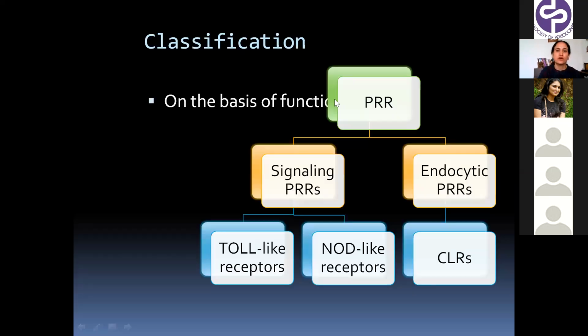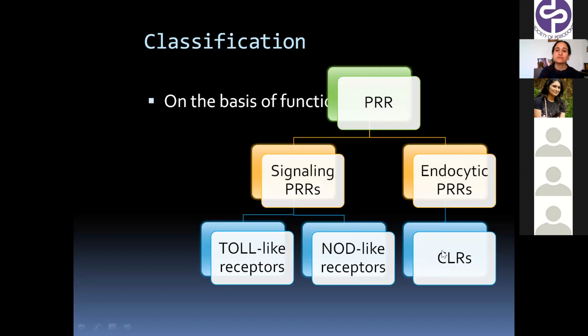That is also interesting. On the basis of function, we divide these pathogen recognition receptors into signaling and endocytic. Now, here you need to know that signaling ones are the ones which directly recognize some patterns on the pathogens and the viruses. This one is on the surface, and NOD-like receptors are found inside the endosomes. They are associated with the membrane.